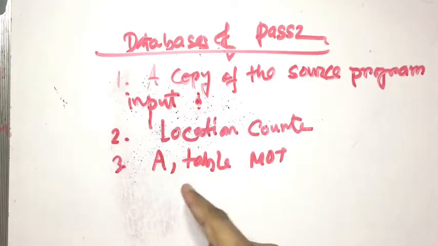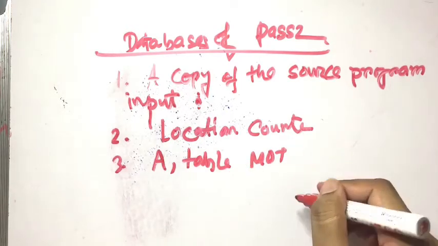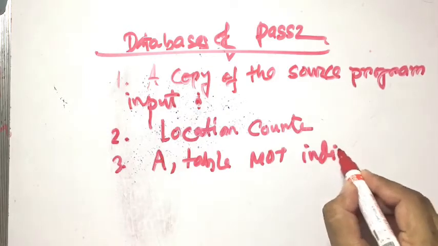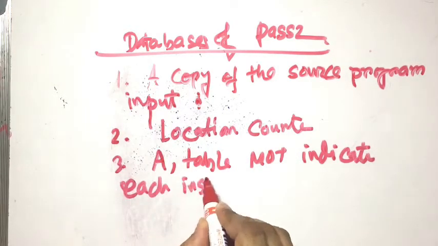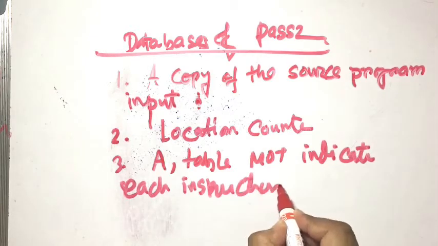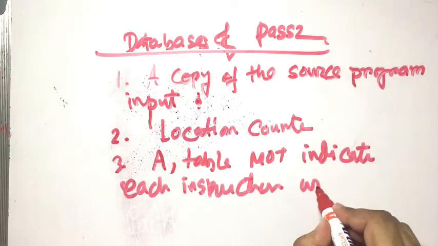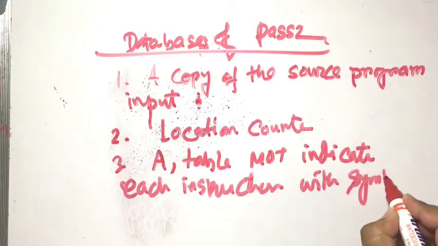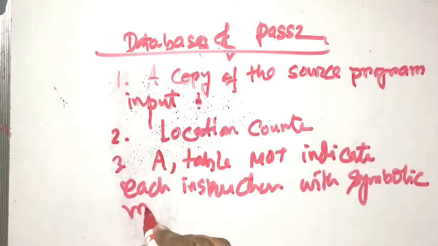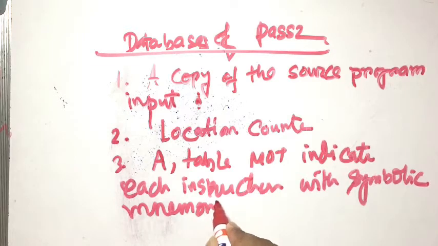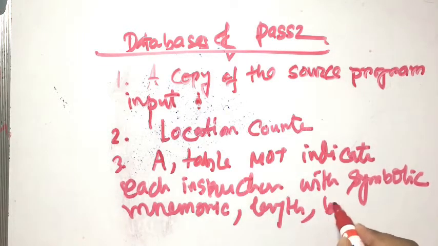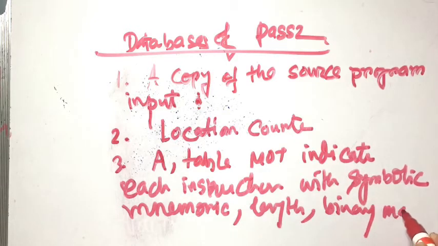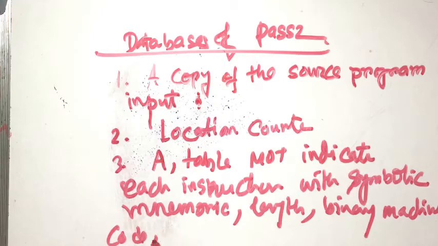Number 3, a table that is used in pass1, the MOT, that is the machine operation table, indicates each instruction with symbolic mnemonic, length of the instruction, binary machine code and format.